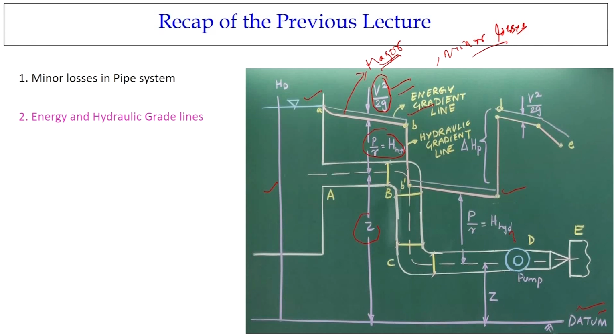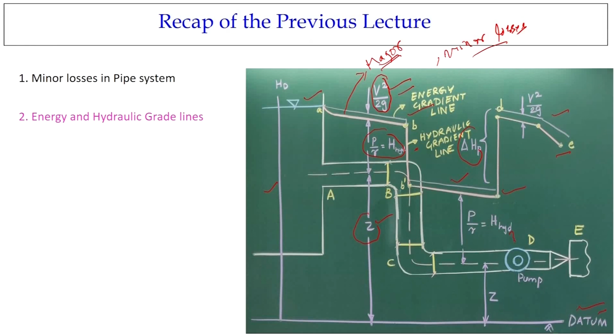And as you know, the hydraulic gradient line or the energy gradient line drops because of the dropping of the potential energy from the pipe orientations. Again, if you look, there are major losses, and there is a pumping system which is giving extra energy or energy head. That is the reason again you have velocity head.